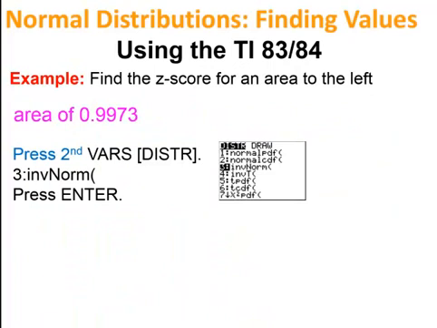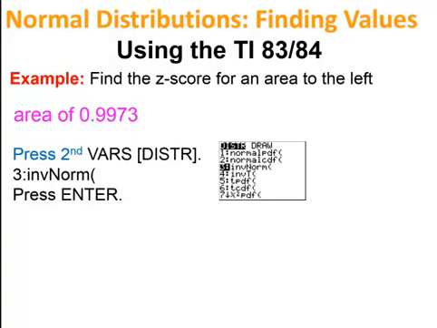So to do this in the calculator, whether you have the TI-83 or 84, you have to use your second key and VARS button. Notice that above the VARS button you have that menu, the DISTR, which represents distribution, and we're in the normal distribution, so that's what the menu option would be.